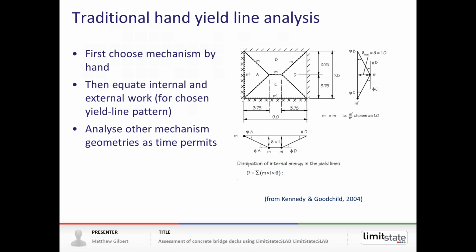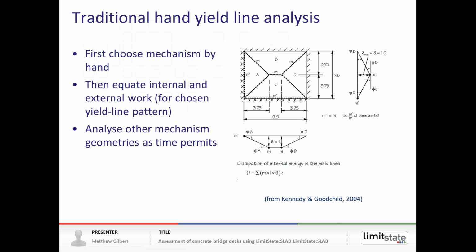The key driving force behind the method was Johansen in the middle of the 20th century, and he basically developed what we now think of as the Yieldline method. In terms of how we actually use it, what it boils down to is choosing a mechanism and then using, for example, the work method to identify the associated margin of safety, so it could be load factor or the amount of pressure that you need to cause collapse, for example.